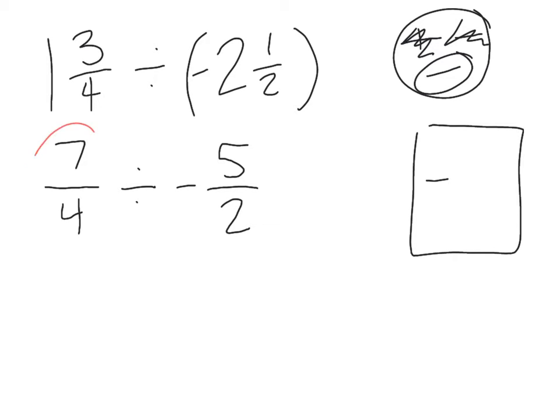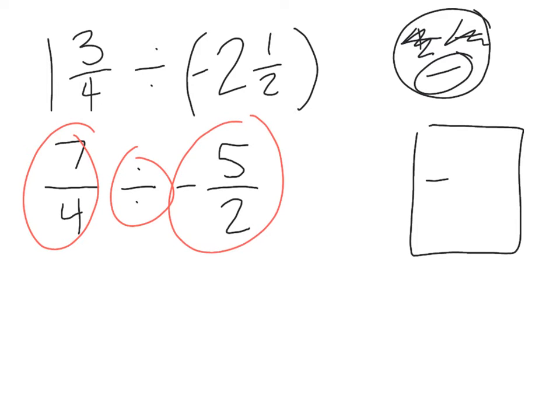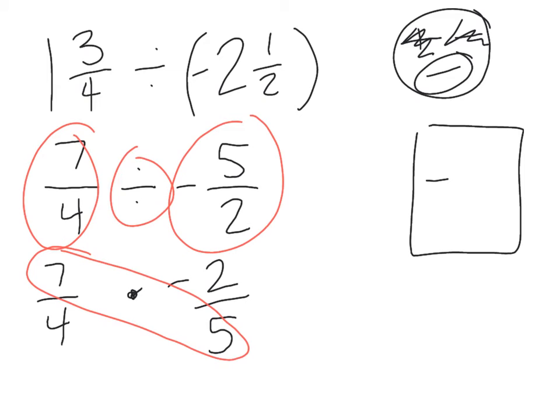Now I can keep, change, flip. So my new problem will be 7/4, keep, change to multiplication, and then flip. So use the reciprocal of that, 5/2. All right, I can go ahead and check my corners. 7 and 5, I can't think of anything that would work.